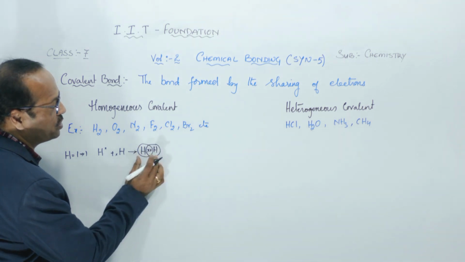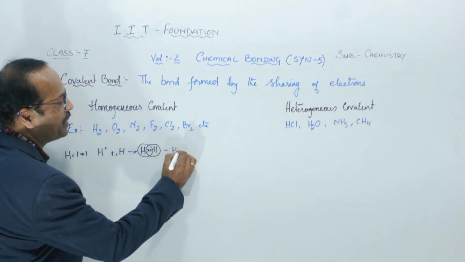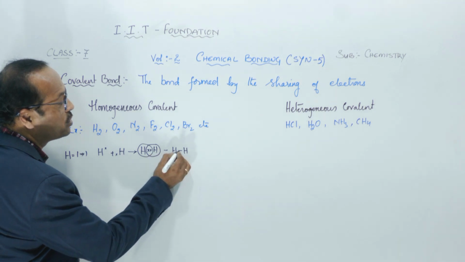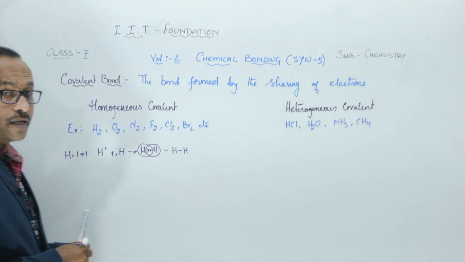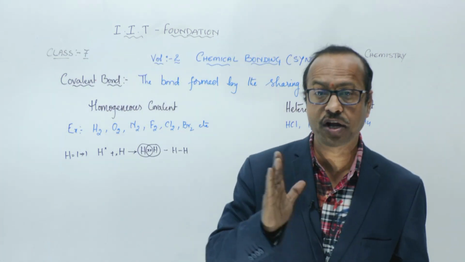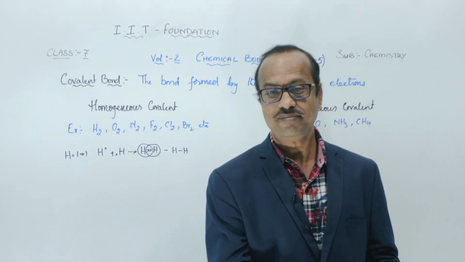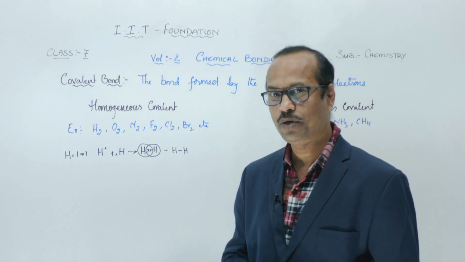Generally the covalent bond is represented by a dash. So this is a covalent bond as one pair of electrons is shared. Like this, the bond formed by the sharing of electrons is called the covalent bond. Clear? Any doubt? So this is about hydrogen.